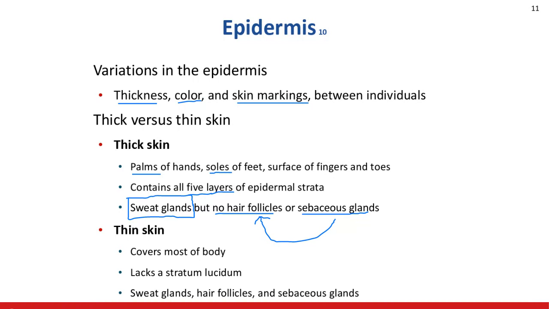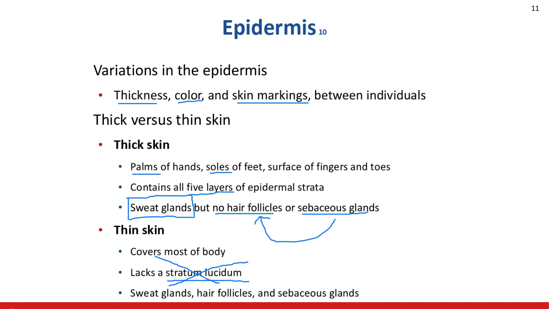So thick skin has all 5 layers, whereas thin skin does not have the stratum lucidum. That is not present. Bye-bye, stratum lucidum. It only has the 4 layers: stratum basale, stratum spinosum, stratum granulosum, and the stratum corneum. That's in thin skin.